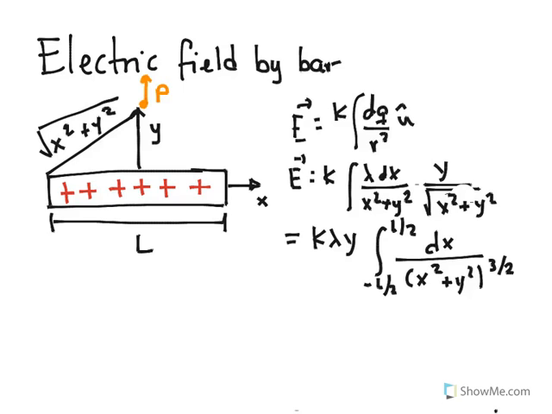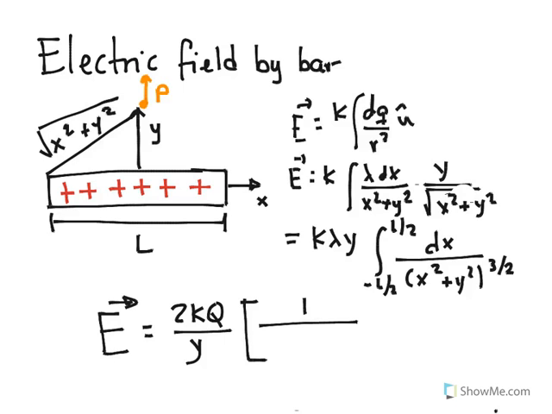You can practice this trigonometric substitution, and with a little bit of algebra, the electric field of this bar is going to be equal to 2kq over y, y being the distance from the bar to the point P, times 1 over the square root of L squared plus 4y squared.